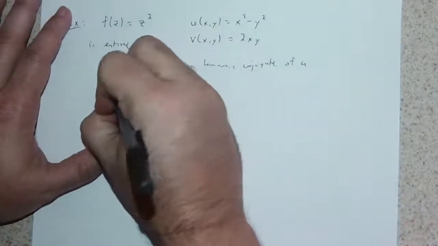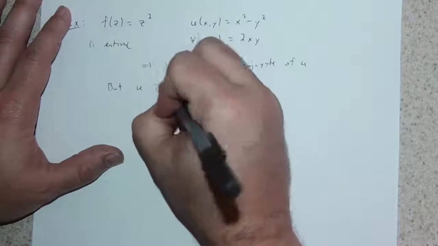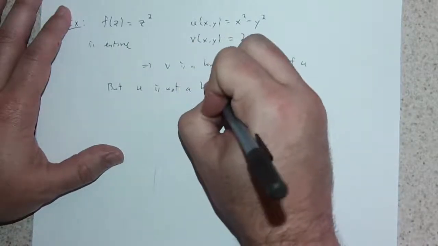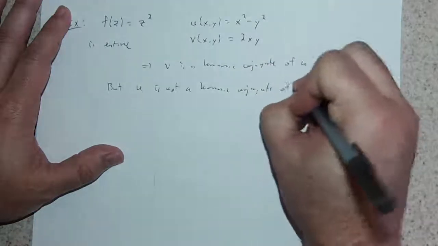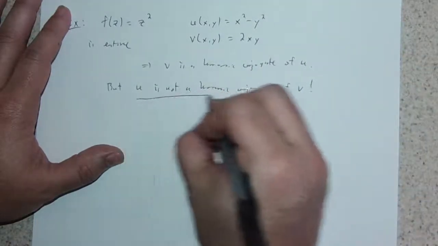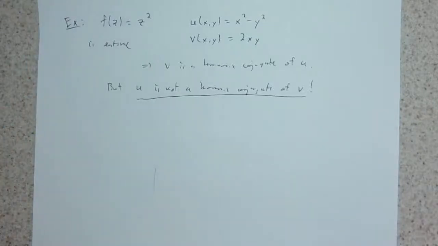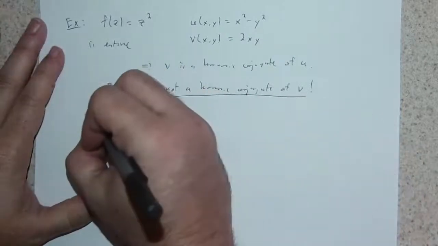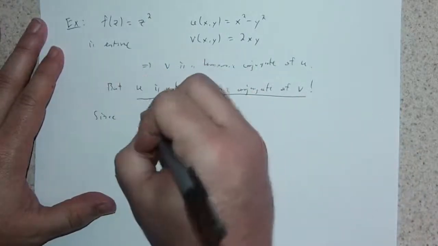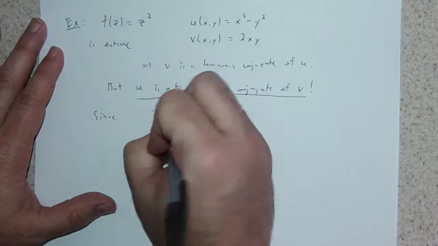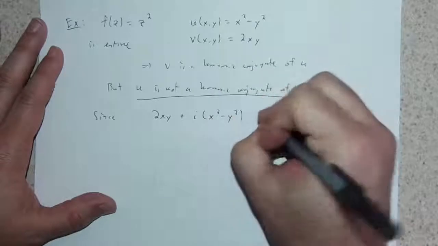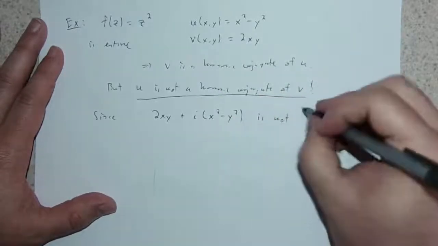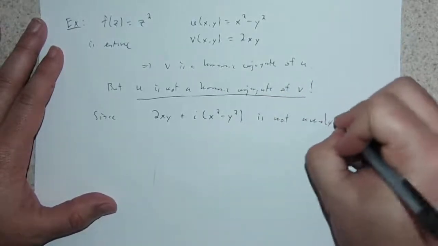But u is not a harmonic conjugate of v. Why? What function would need to be analytic for that to be the case? This is true since the function 2xy plus i times x squared minus y squared is not analytic anywhere.